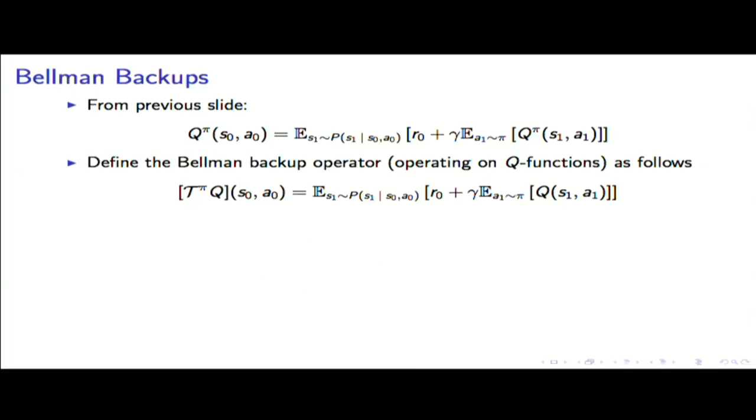We can define this Bellman backup operator, which is called script T pi, acting on a Q function. It just maps Q functions to Q functions, and this is how it's defined.